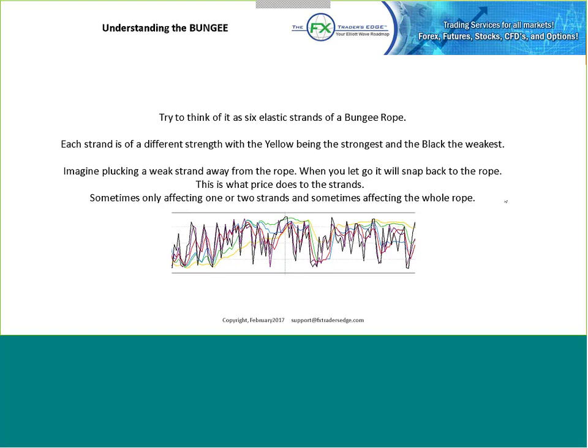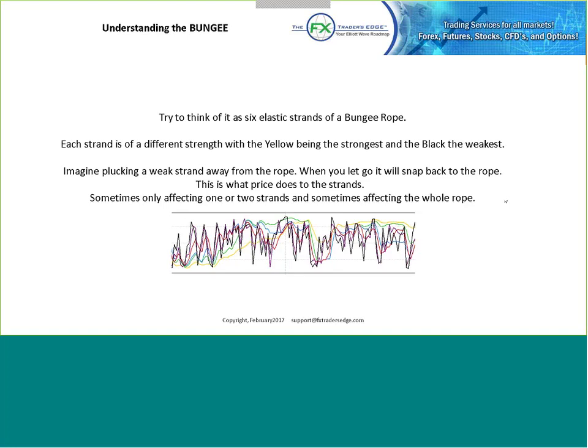If you can imagine getting hold of a bungee strand and plucking at the weakest strand away from the rest of the rope, when you let go, it will snap back. And that's exactly what price is doing to the bungee strands. It's plucking them away from the main rope, and when price gives up pulling, the rope snaps back and price does a retrace or changes direction.